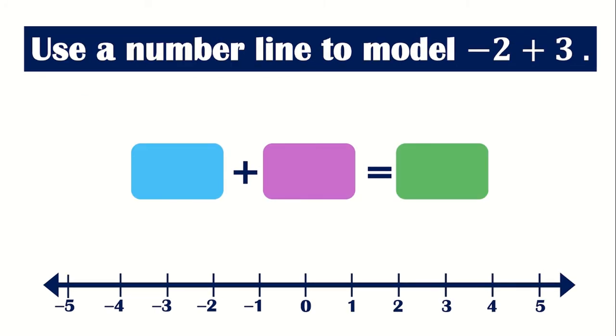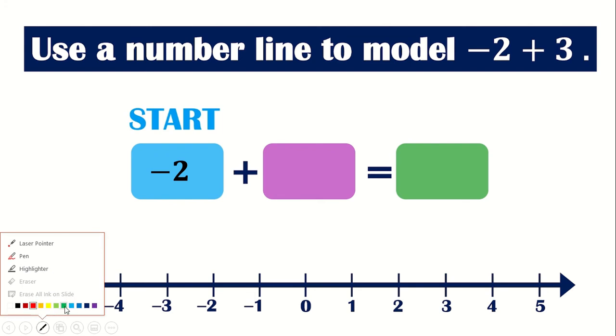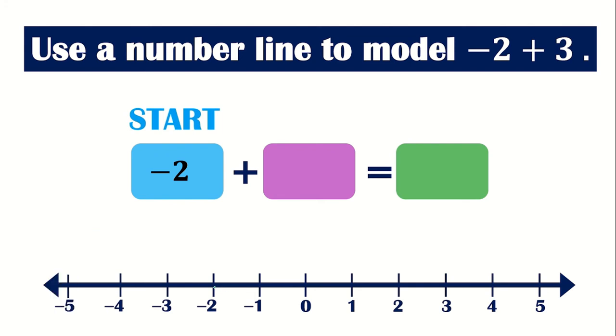Let us have an example. Use a number line to model -2 plus 3. So start with the first number, which is -2. So in the number line, you need to locate it. So -2 is here. And then you have to move based on your second number, which is +3.